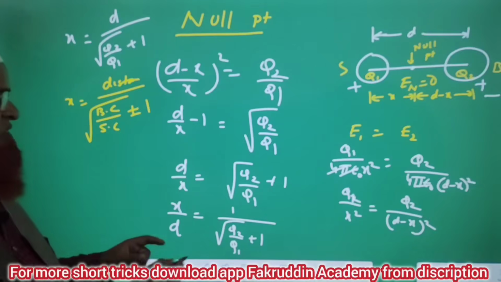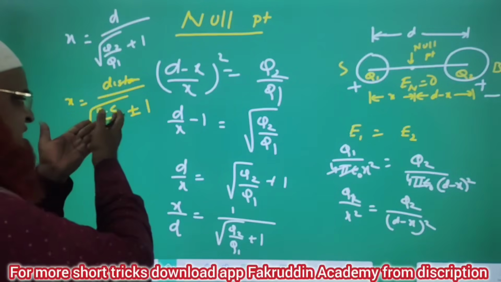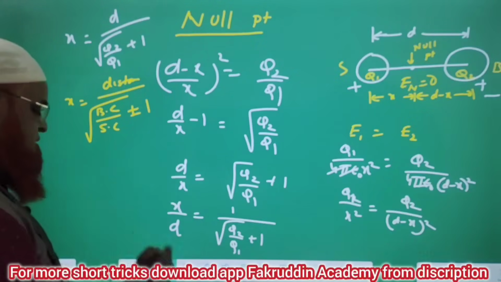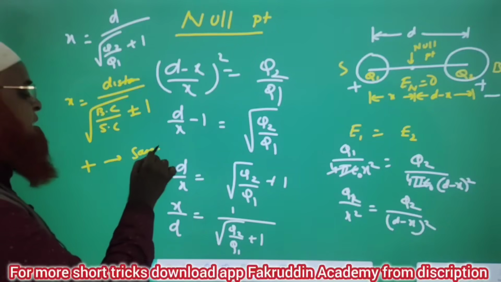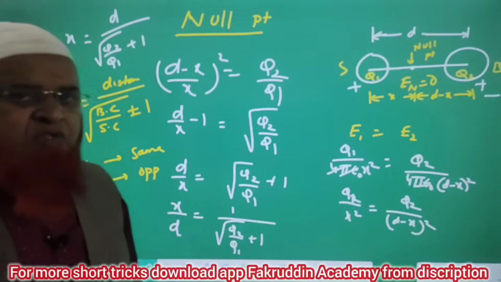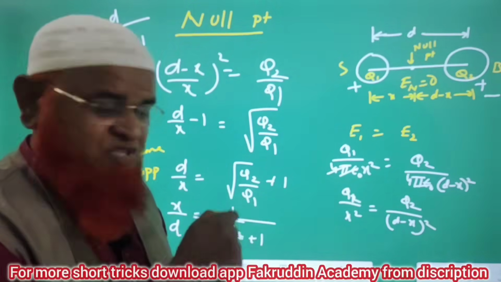That means q2 should always be the bigger charge. The bigger charge comes in the numerator and the smaller charge comes in the denominator. You get plus when the charges are the same, and you get minus when the charges are opposite. So this is the concept explanation. Next I will discuss two shortcuts related to this topic.